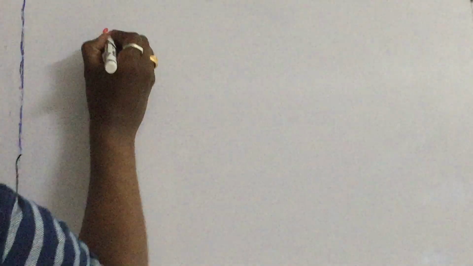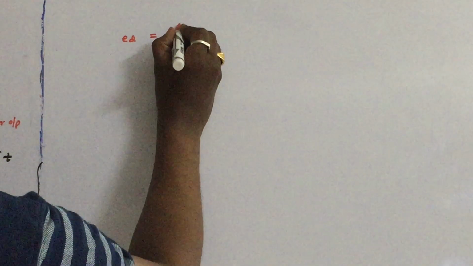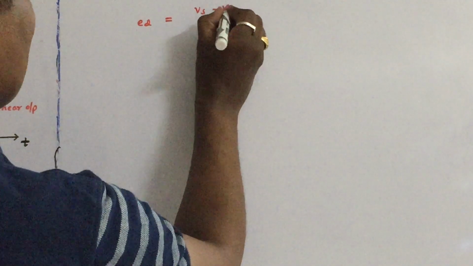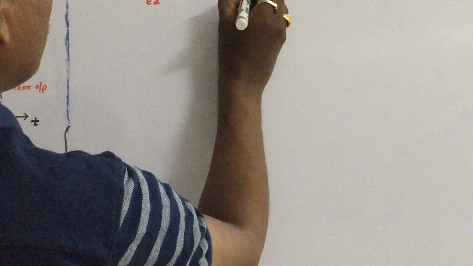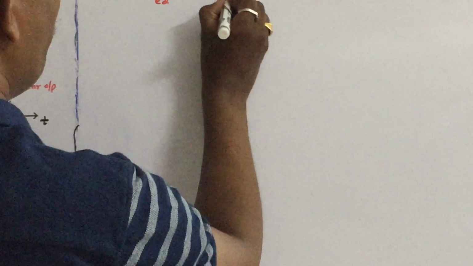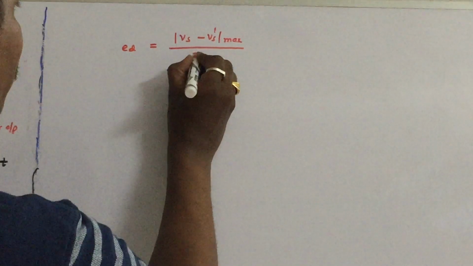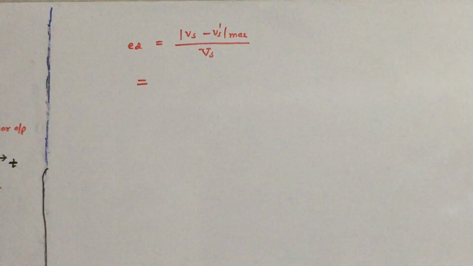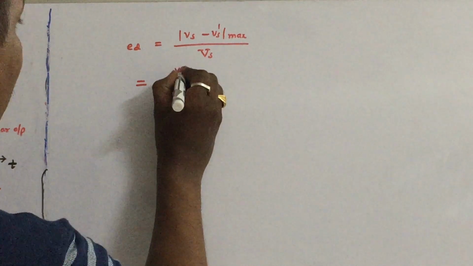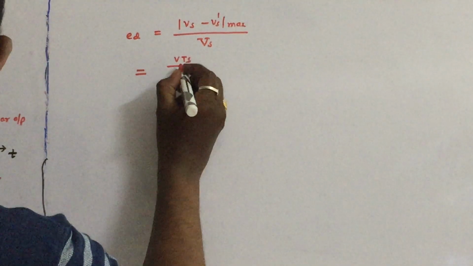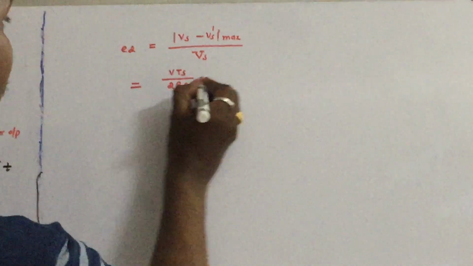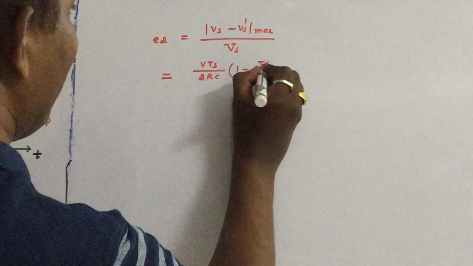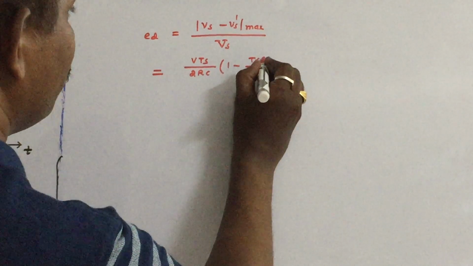The displacement error formula is the difference between the actual sweep and the linear sweep magnitude. This is the maximum deviation of the sweep amplitude, divided by the sweep amplitude at the end of the sweep. So what is Vs'? We got V Ts by 2RC into 1 minus Ts by 4RC.